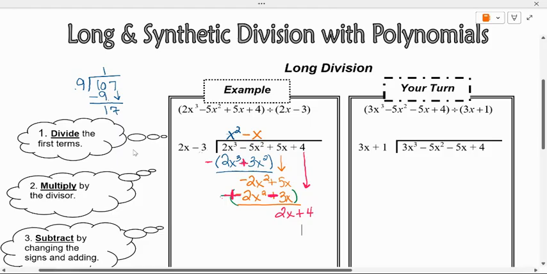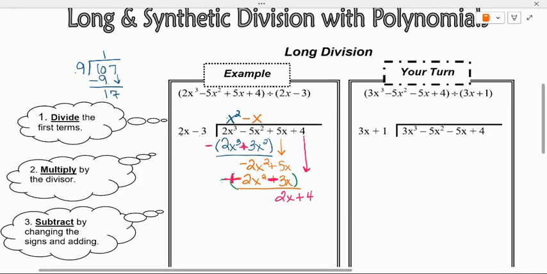All right. What do I have to multiply 2x by to make it go into 2x? 2x times what? Yes, 1. So I'm multiplying by a 1. 1 times 2x is 2x. 1 times negative 3 is negative 3.